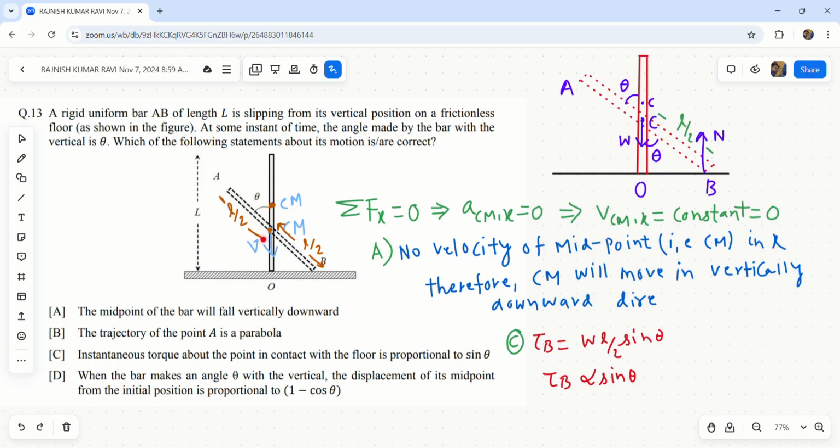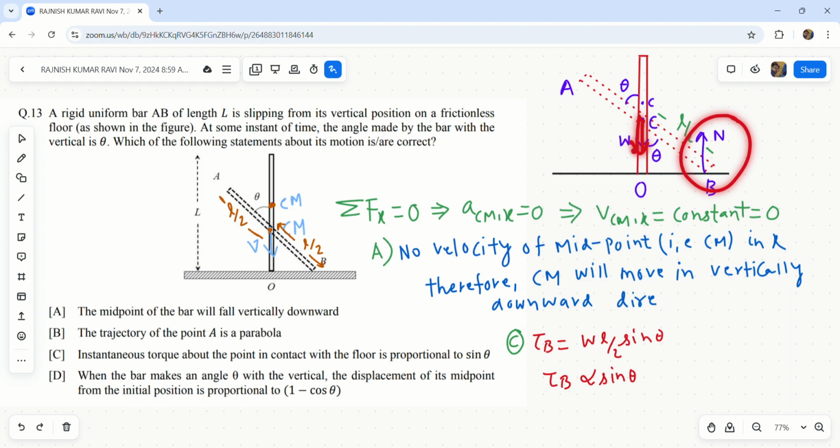If we make a free body diagram of this uniform bar at that instant, there will be a normal reaction force in the vertically upward direction exerted by the frictionless floor, and gravity will also act from the center of mass in the vertically downward direction. So there are two forces acting on this uniform bar: first the normal, and second the gravity.